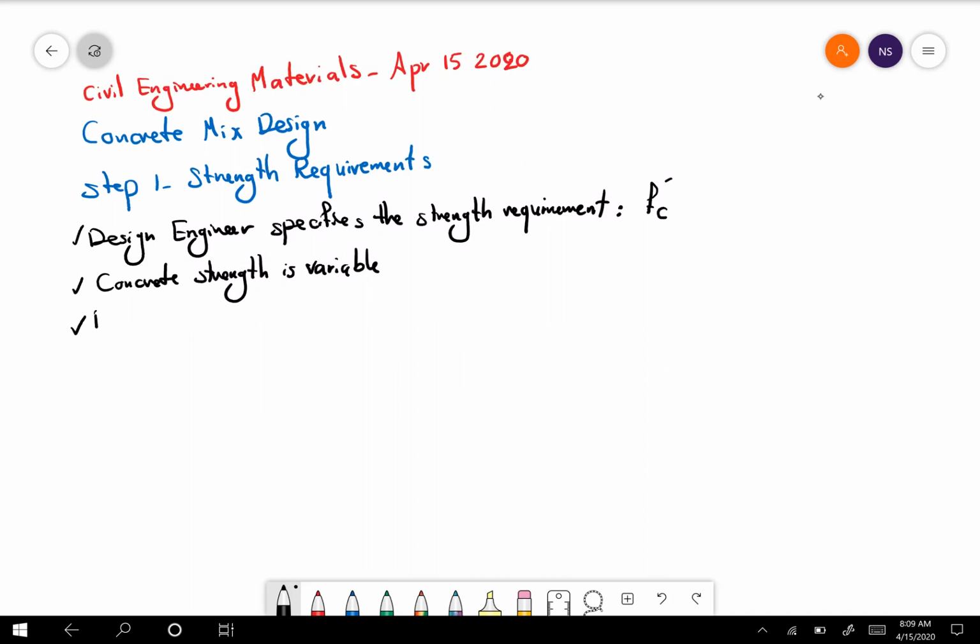So the design strength should be met by the design criteria and mixing process.